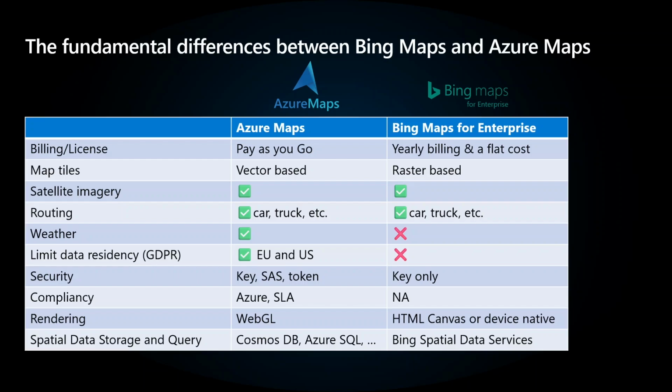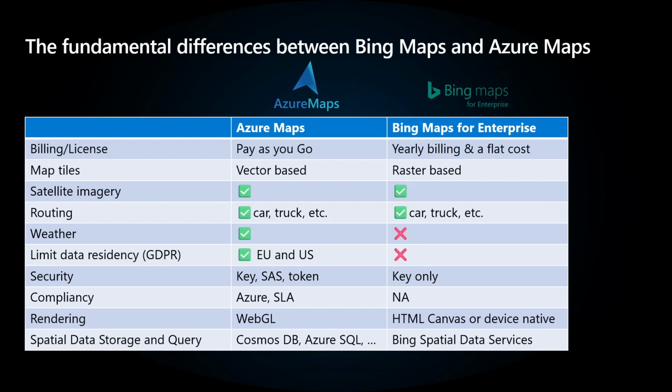On a technical scale, Azure Maps is using vector-based tiles. They are really small and are always really sharp if you zoom in and zoom out. Bing Maps is actually using raster images as base tiles.